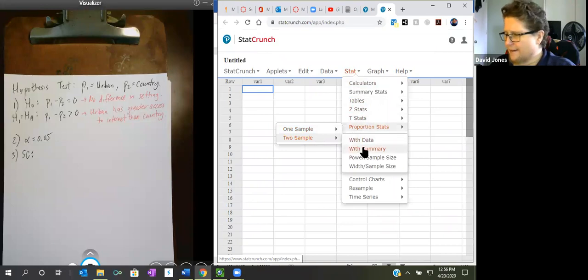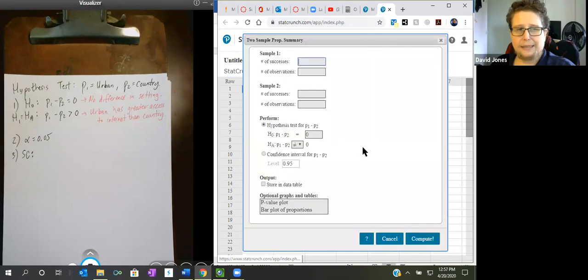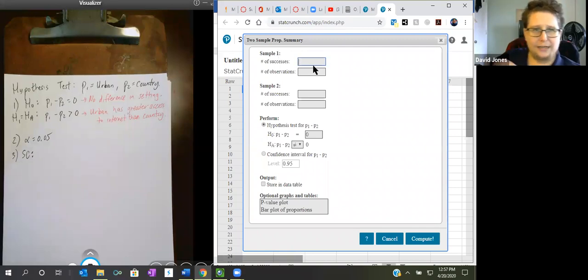I do not have each address listed and whether or not it's rural, country or urban, and whether or not it has access or not. So we're going to say summary. I labeled sample 1 my urban one. So my urban data, I jotted down that the number of successes, X1, was 338. There were 800 people. And our country group, 292 had access out of 750.